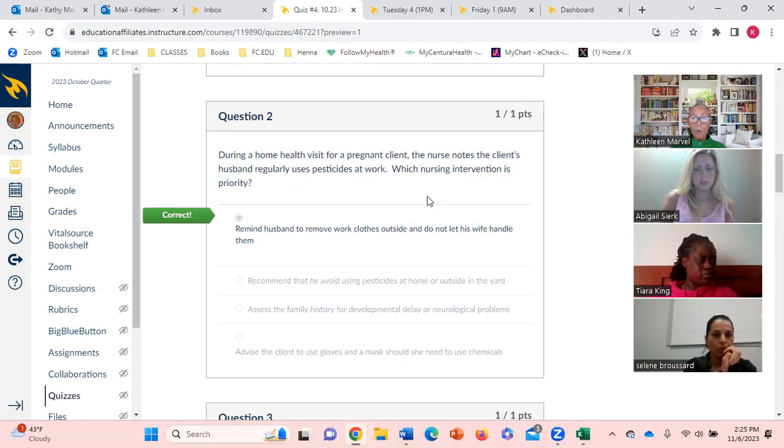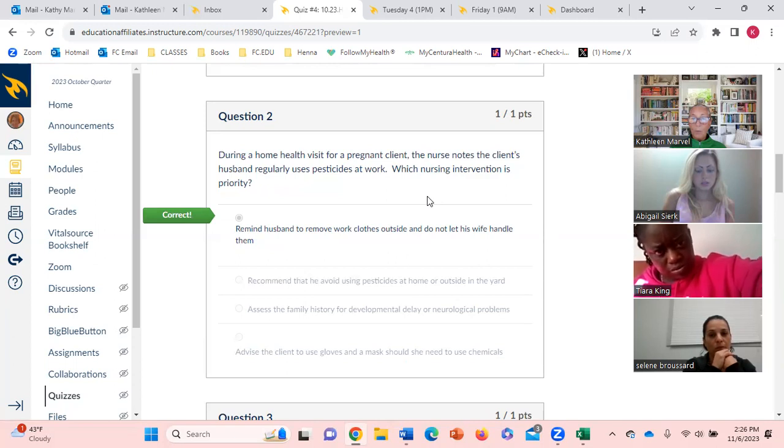The client is pregnant. The husband is regularly exposed to pesticides. And the question is asking which nursing intervention is a priority. So there are actually 3 cues in that question. The priority is to protect the pregnant client.